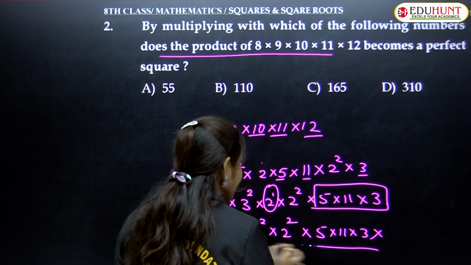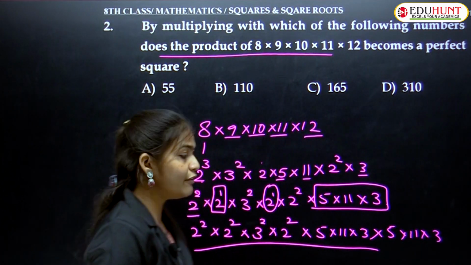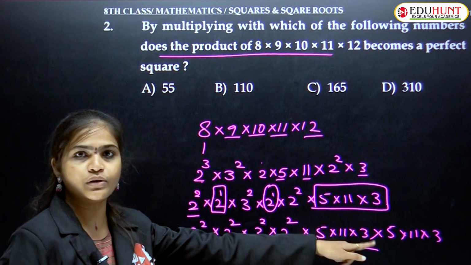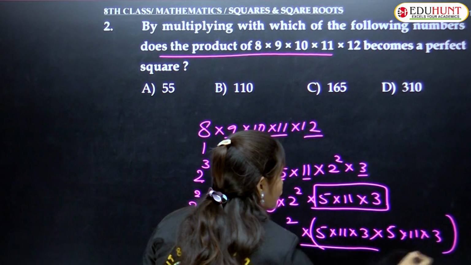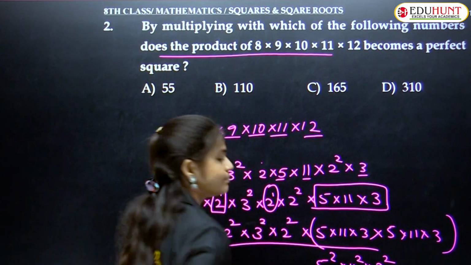So if you multiply this total number with 5 into 11 into 3, what will you get? 5 square into 11 square into 3 square. Yes or no?